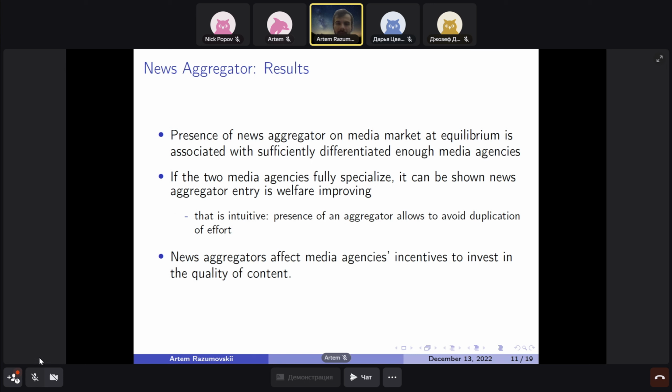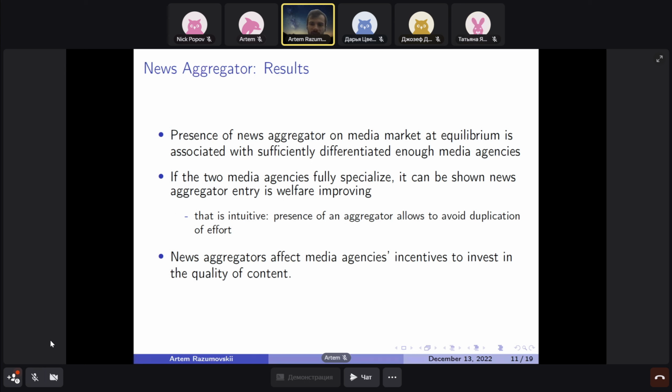And this is duplication of cost, because both agencies spend cost to produce high quality on the same topic. But it's the way to fight an aggregator, right? Right.